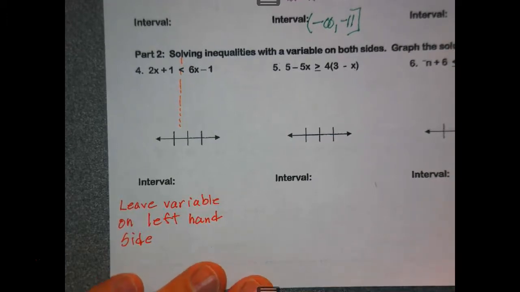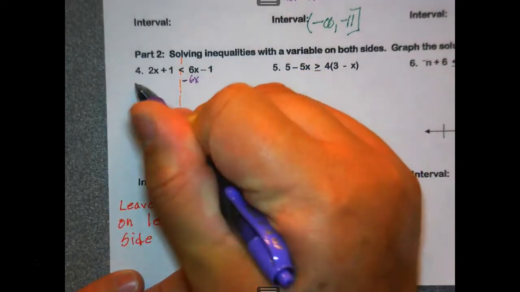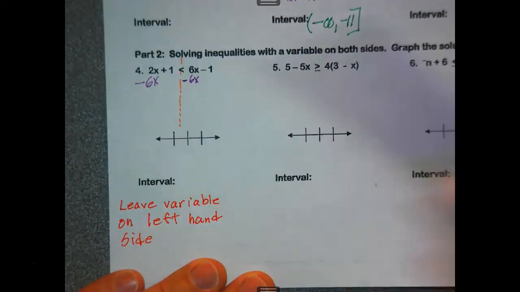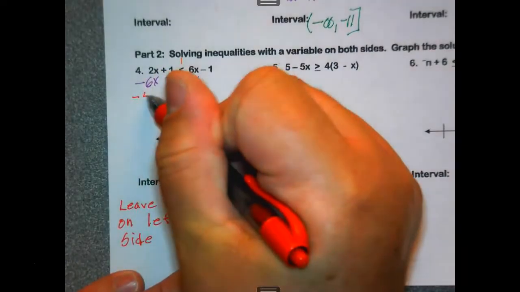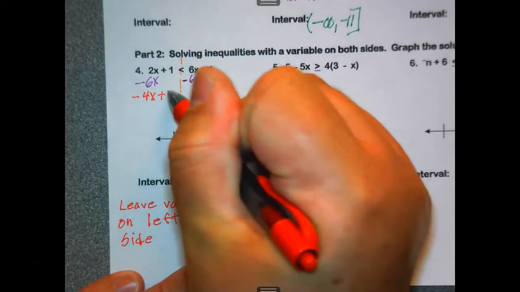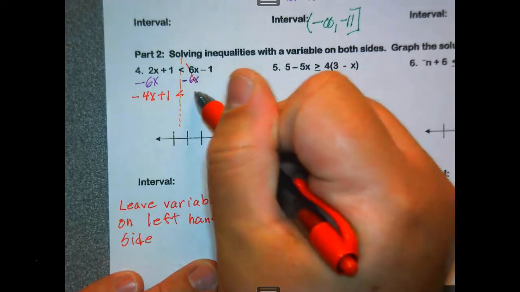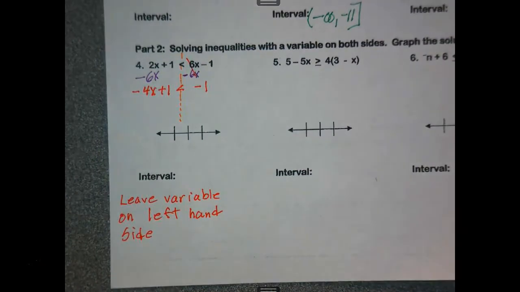So I'm going to subtract 6x from both sides, leaving my variable term on the left-hand side. 2x minus 6x is negative 4x, plus 1 is less than 0, negative 1. I'd rather deal with a negative number than switching my x from the right side to the left side.